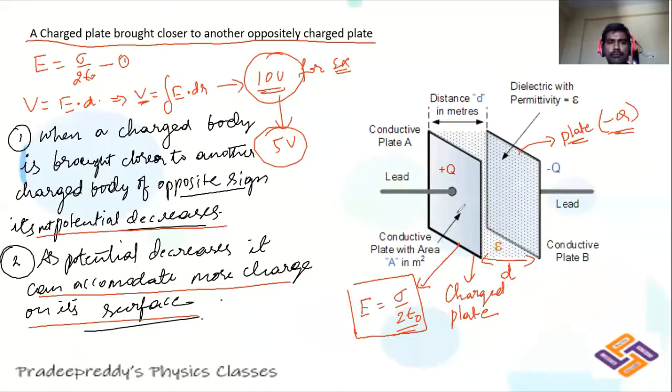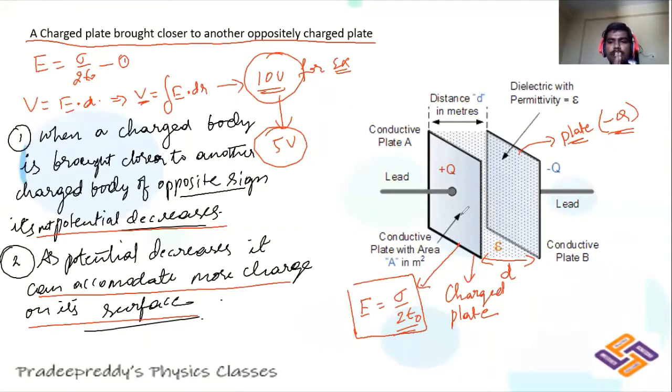So the first point is that in order to decrease the potential of the conductor, you should bring another oppositely charged body closer to it so that its potential decreases. Why are you decreasing the potential on the surface? In order to accommodate more amount of charge on that particular surface, right?